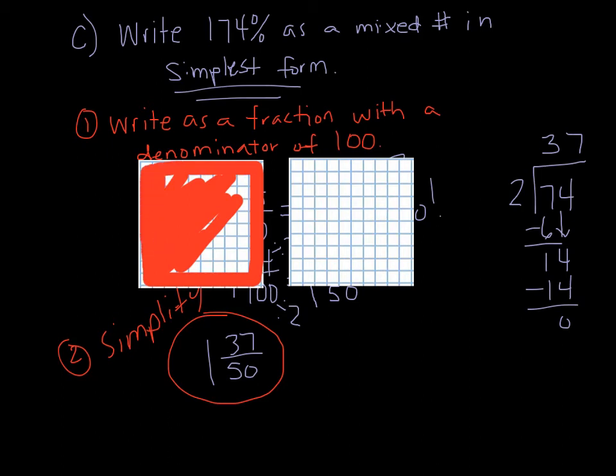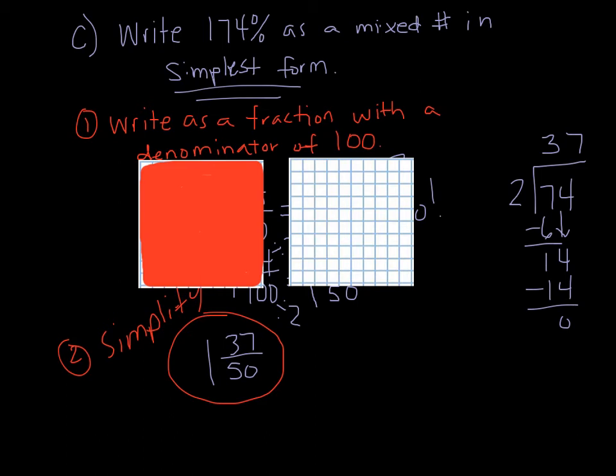So my first one's completely filled in, all 100 squares. And my second one, we would have to focus on not quite as many, but how many would I do in my second one? Well, we started off with 174 over 100 with our original fraction.